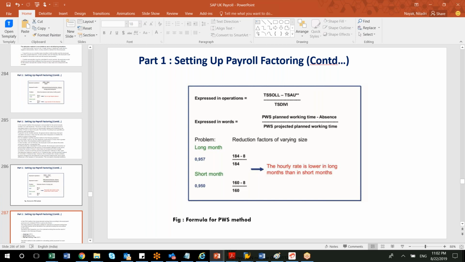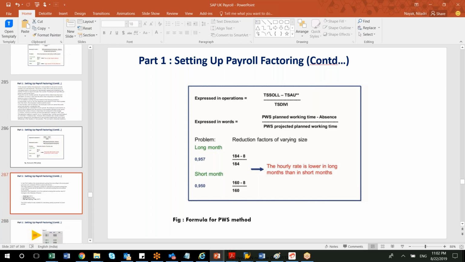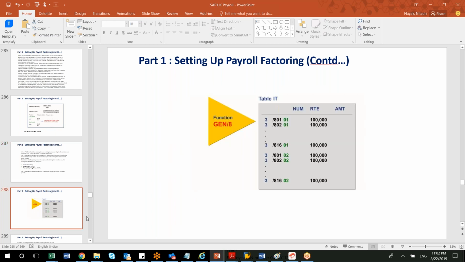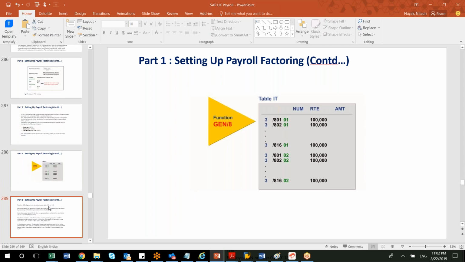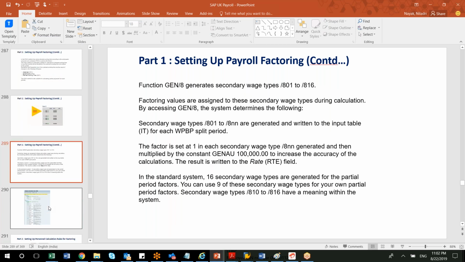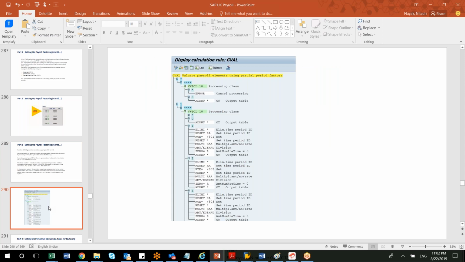Other than that, as I was explaining, another important function is like your gen/8. It is responsible for generating all your secondary wage types, starting from /801 to /816. How this calculation happens, I have explained here. You can see the payroll elements, go through GBAL specific to UK payroll.